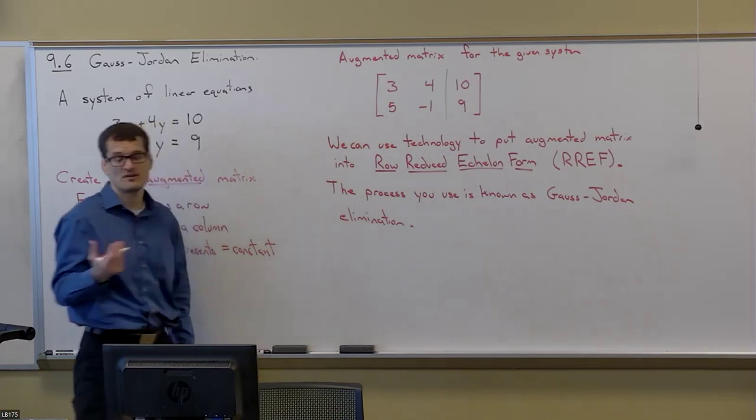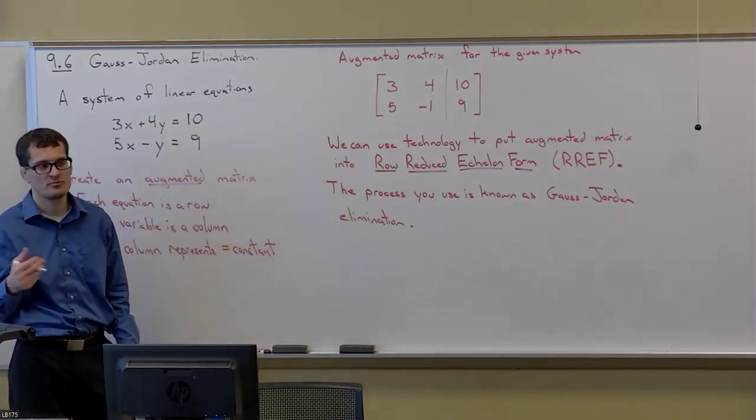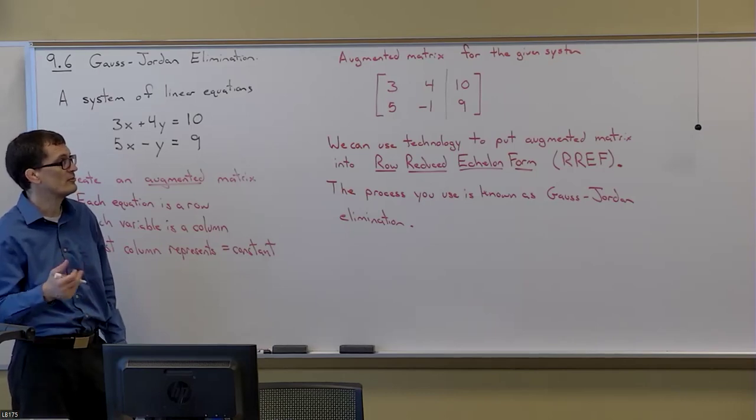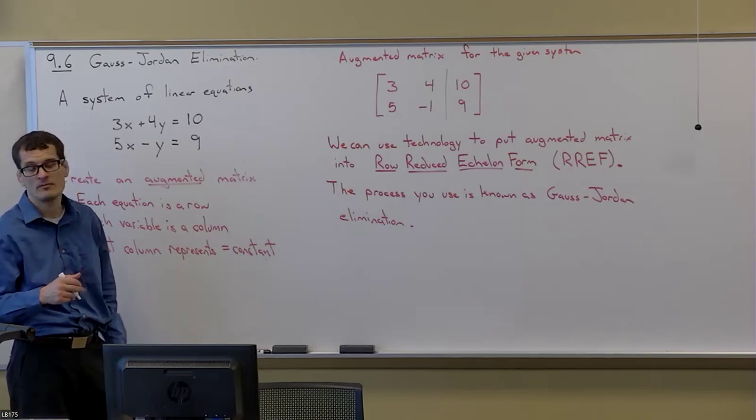So that process is called the Gauss-Jordan elimination. If we were doing this by hand, you'd use Gauss-Jordan elimination to put it in row-reduced echelon form.